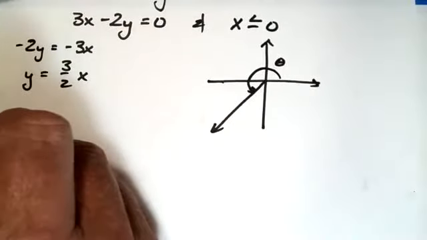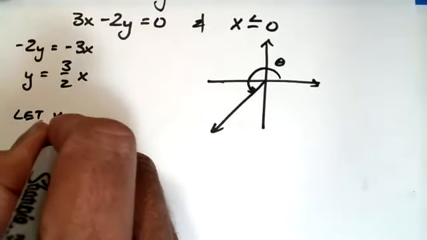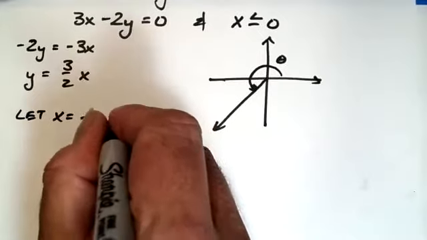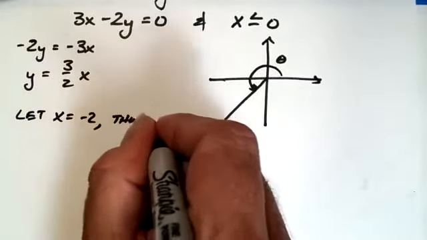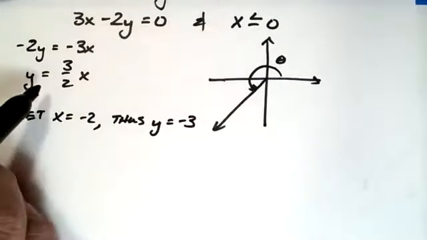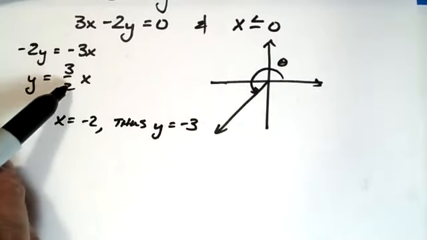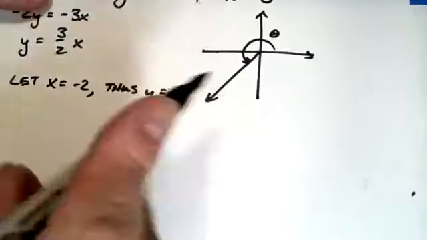So let's just make this statement. Let x equal -2. Thus, y equals -3, right? So if you substituted in -2 for x, you'd get -3 coming out.